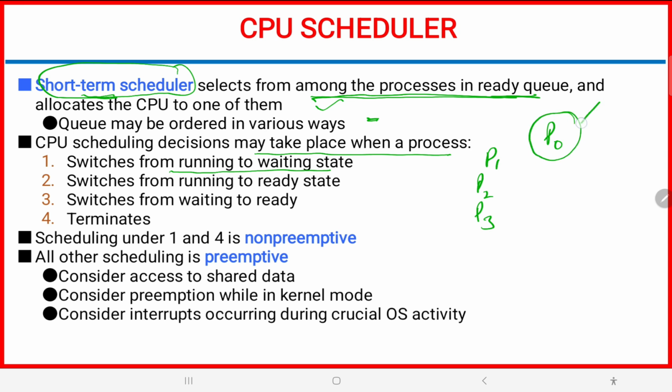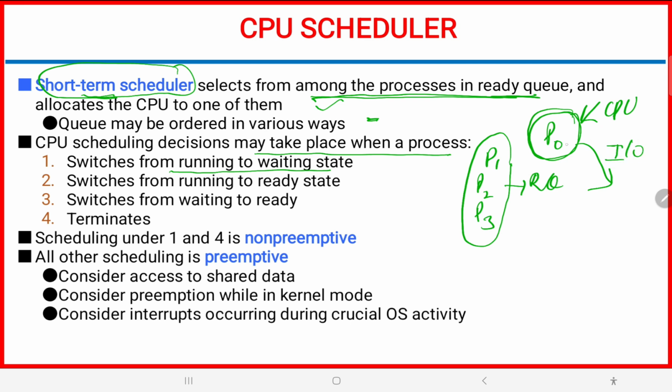So as of now process P0 is with the CPU, and these three processes are in the ready queue, waiting for entering into the running state so that they can get the access of CPU for their further execution. Now, when will the CPU scheduler come into picture? There may be a stage where this process P0 which was executing needed to perform some IO event.